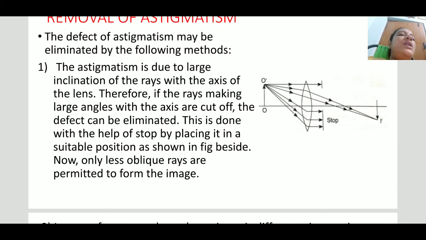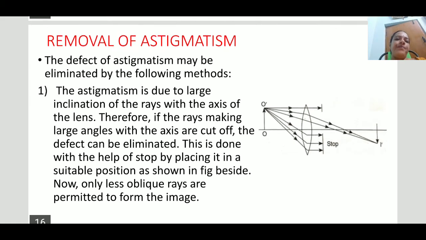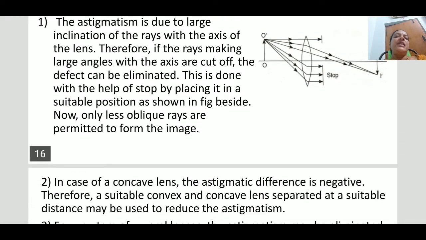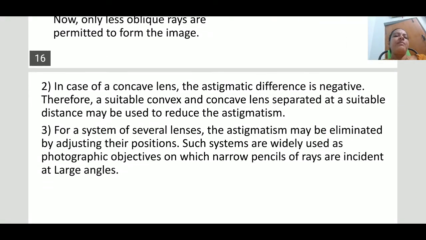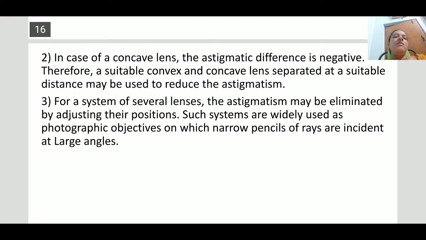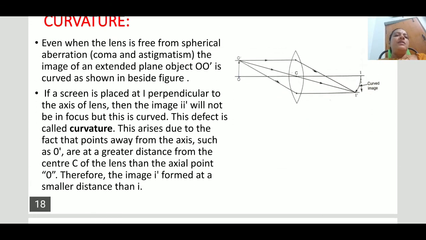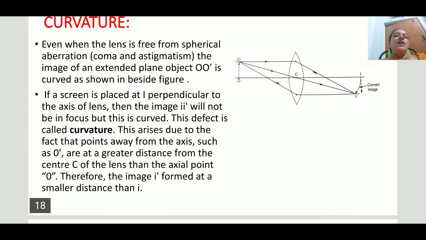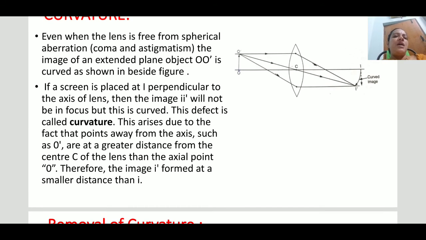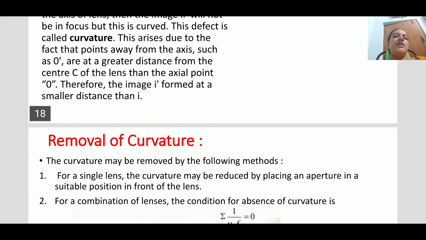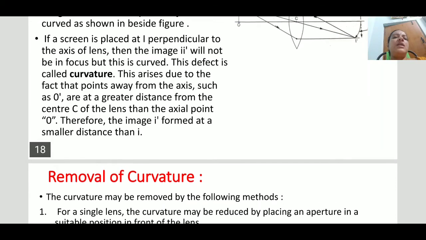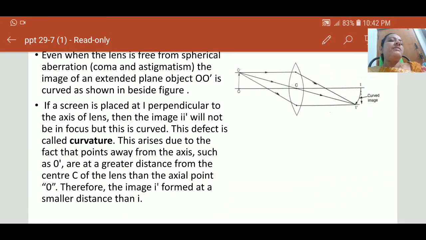Astigmatism can be removed by using a combination of two lenses, or several lenses, as used in a photographic objective. Another one is curvature. This is the curvature aberration, where the image is in the form of a curved shape, because the distances vary from the center of the lens to the different points of the object.